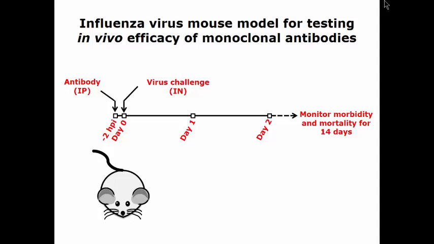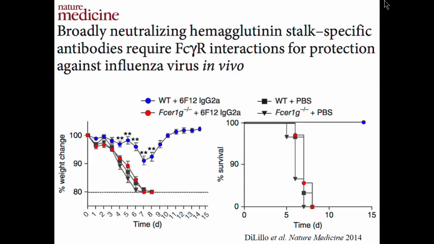And what it turns out is that the kind of antibodies which we generate by the vaccination which we are using is actually an ADCC-dependent mechanism. This is work together with Jeff Ravetch.